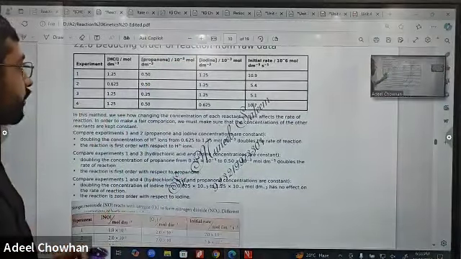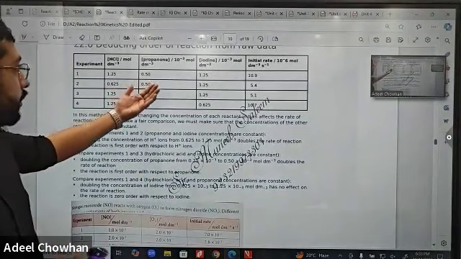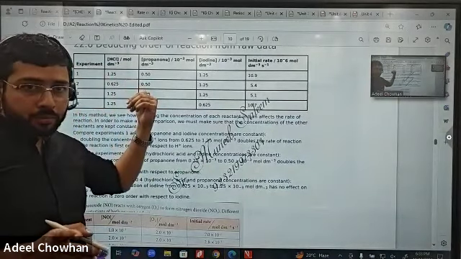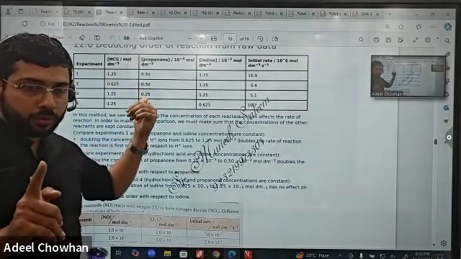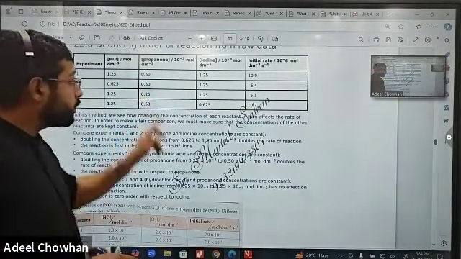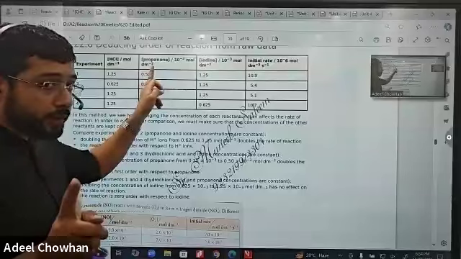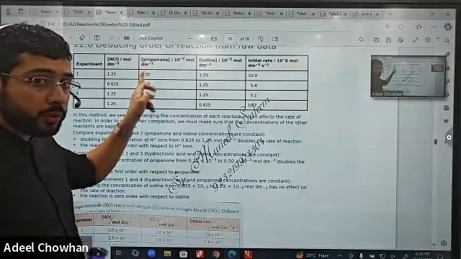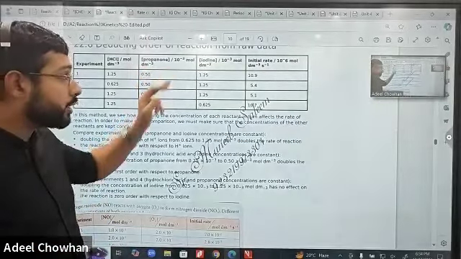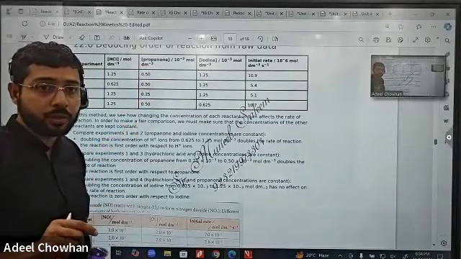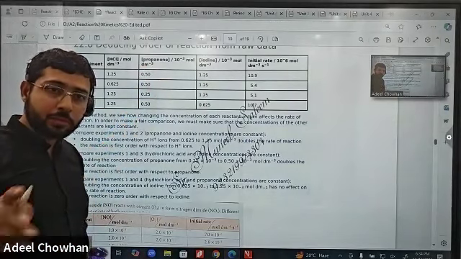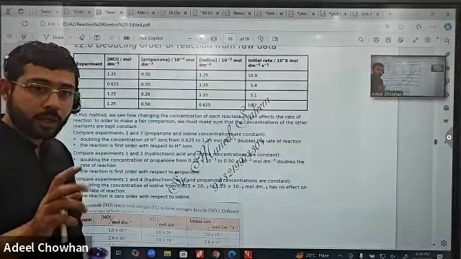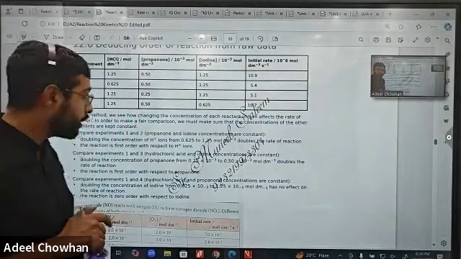In this case, we have to select two rows at a time. Those two rows are ones in which only one reactant changes its concentration, and the other reactants have constant values. One reactant must be changing, but the rest must not be changed, they will be fixed. So we have to select those two rows at a time.